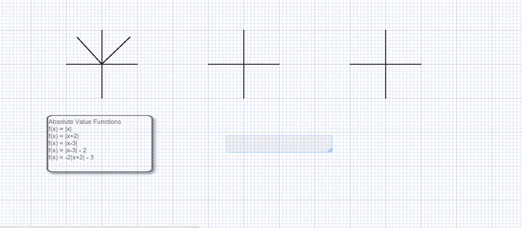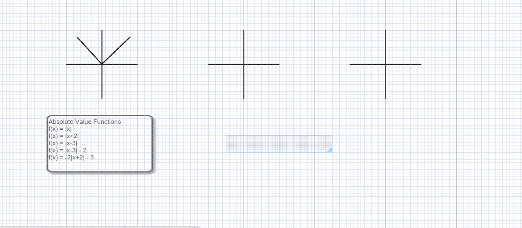So what I want to do is use the next 4 examples to demonstrate how you can alter or translate these absolute value functions from the parent function. It would be very helpful if you had a notebook, because I'm going to talk about horizontal translations first, so moving the basic parent function left and right.